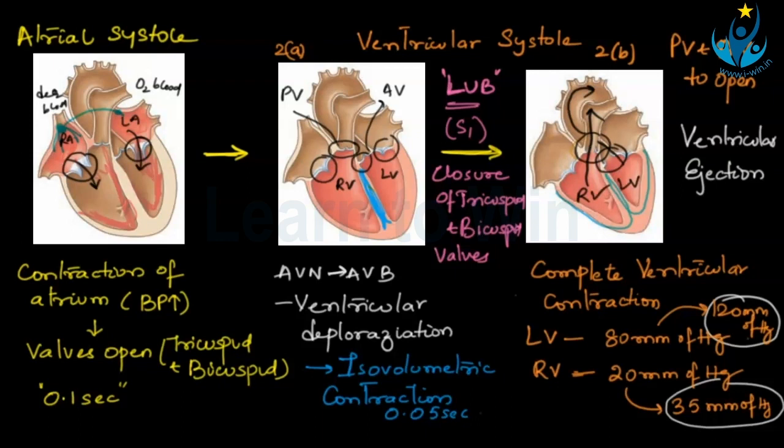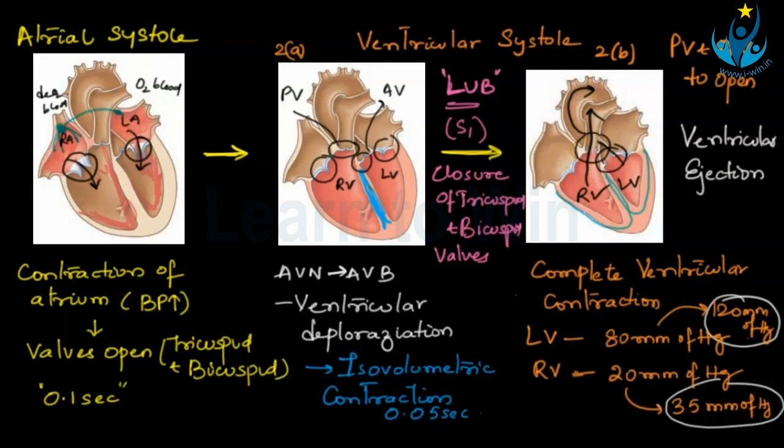So now you understand what is happening. At the beginning, because the contraction is only at the septum, only the valves close. Once the impulse reaches the ventricles completely, the valves open and the pressure inside the ventricles starts to build.